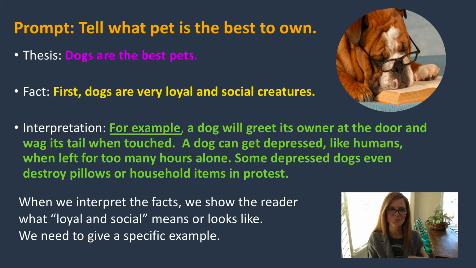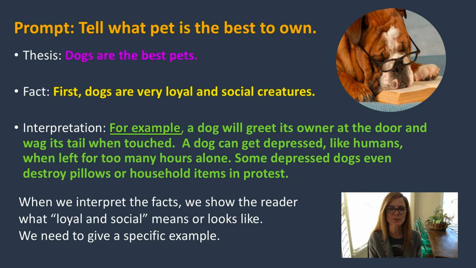Take a look. For the interpretation, we can say, for example, a dog will greet its owner at the door and wag its tail when touched. A dog can get depressed, like humans, when left for too many hours alone. Some depressed dogs even destroy pillows or household items in protest.